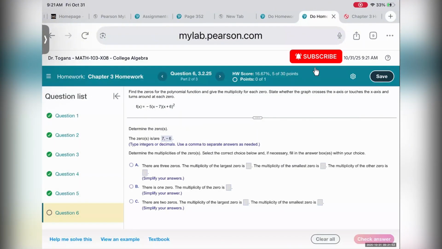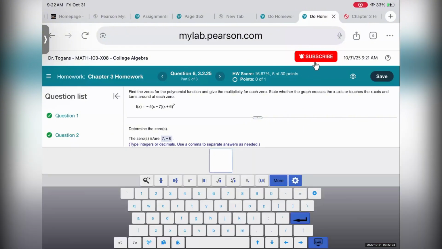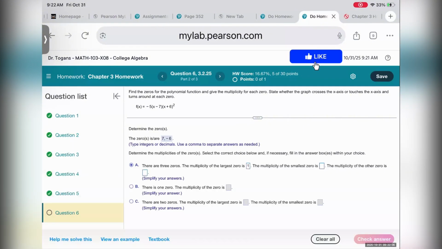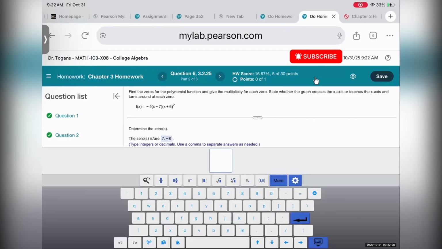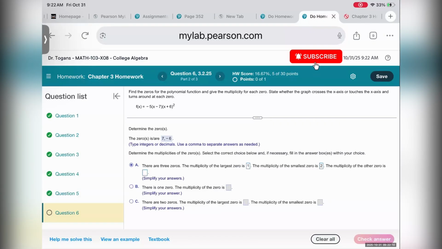It does not matter. Okay, there are 3 zeros. The multiplicity of the largest zero is 1, right? And then this one is 2, and that one is 2. There's two -6s because of the square, which I find odd.